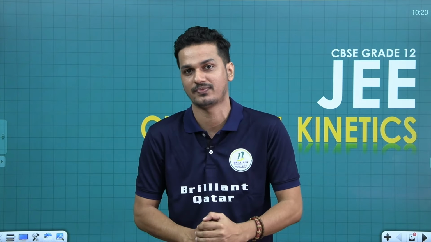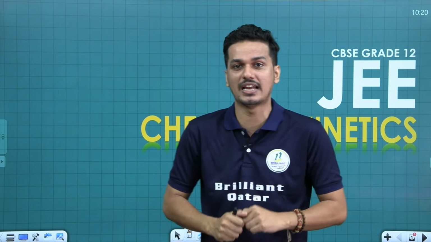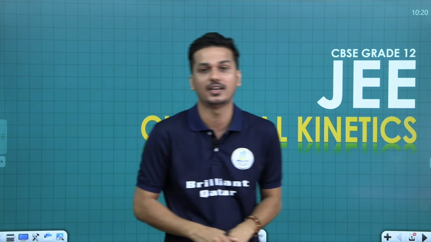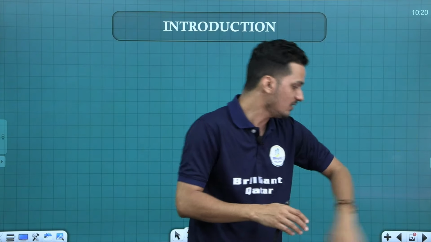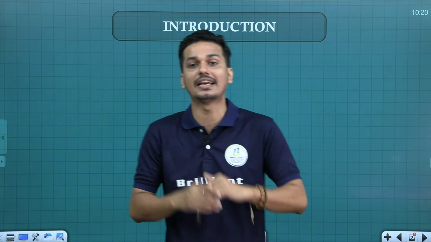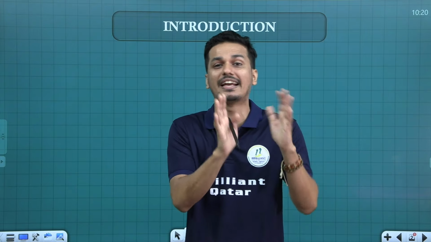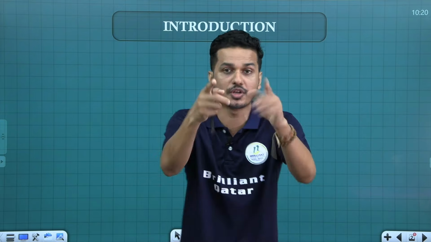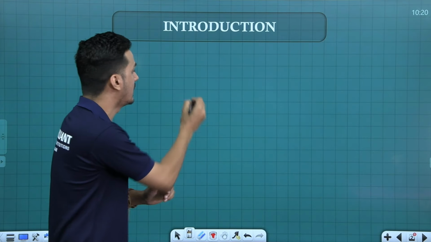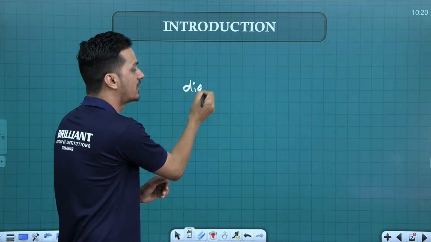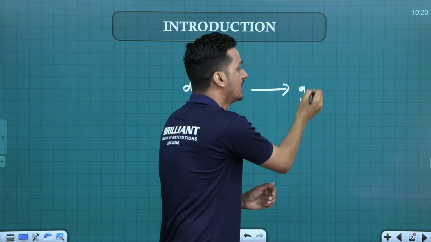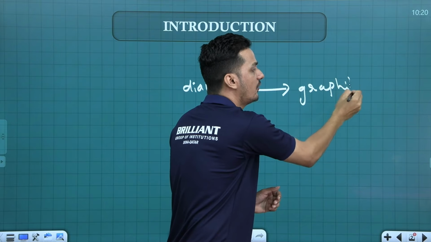For that only, we are going to learn about the rate of reaction, that means chemical kinetics. In thermodynamics, I think you learned about it, right? In thermodynamics, you learn only whether the reaction will occur or not. According to thermodynamics, diamond can be converted to graphite very easily.